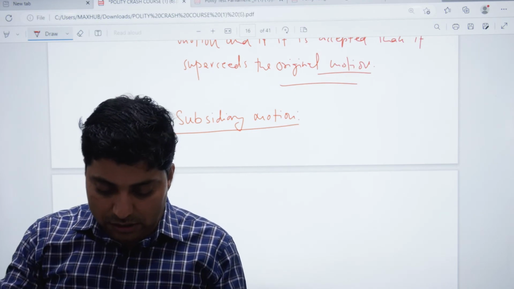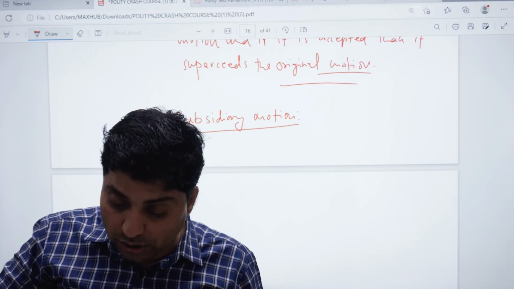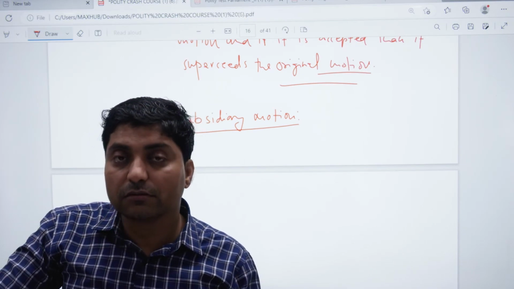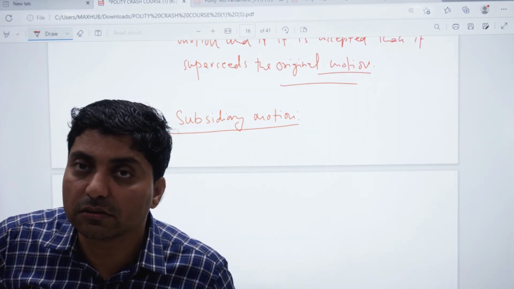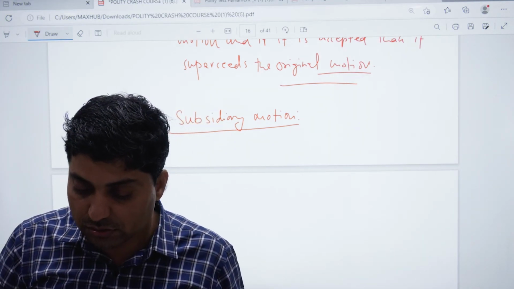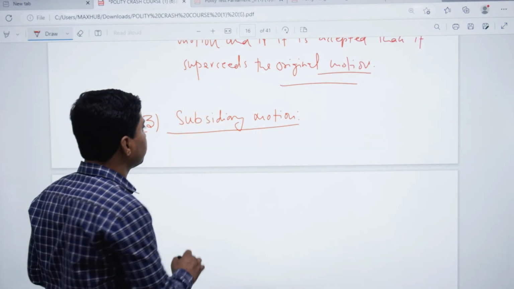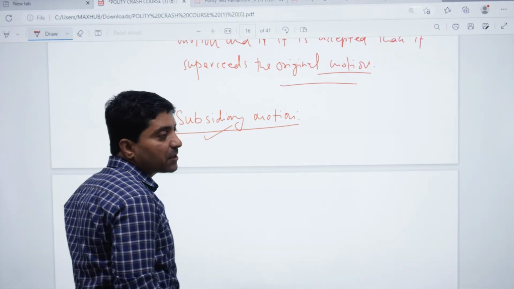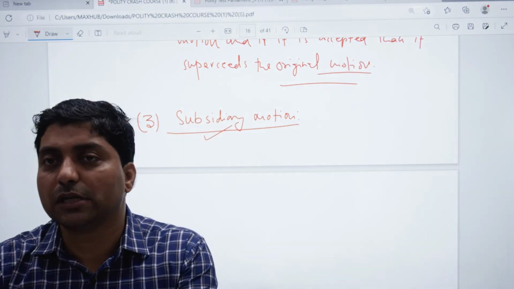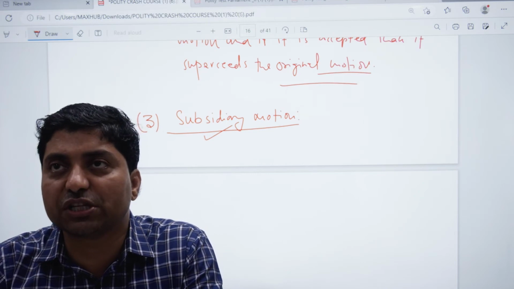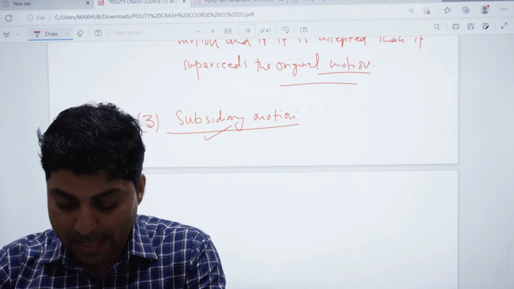So if you look at it, subsidiary motion has no meaning of its own, right? It has meaning only when it is read with original motion, right? Subsidiary matlab helping. It helps in understanding the original motion. That is called subsidiary motion, right?